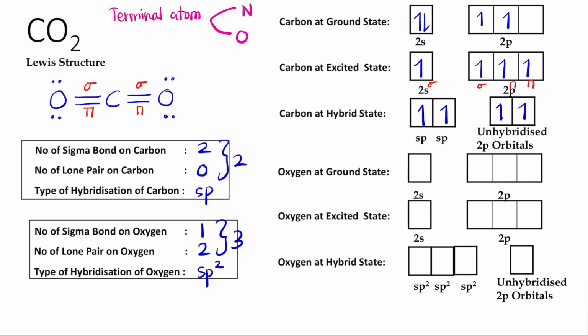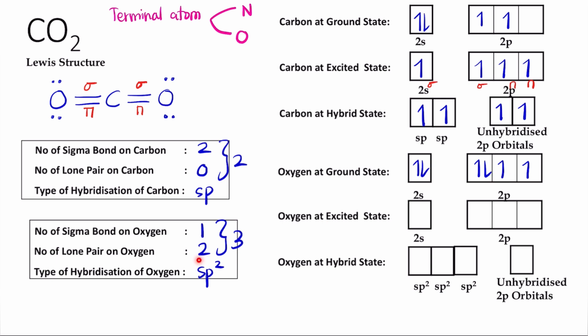Now, kita continue for oxygen. So, oxygen at ground state ada 6 electrons in period 2. So, saya ada 1, 2, 3, 4, 5, 6. And then, untuk oksigen, kita hanya ada 1 sahaja sigma bond dan kita perlukan lone pair. Sigma bond maknanya 1 unpaired electron. So, saya akan ambil 1 daripada sini.